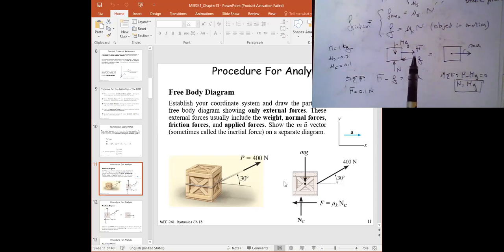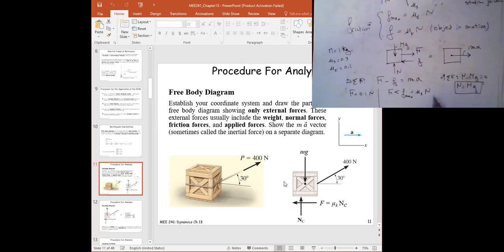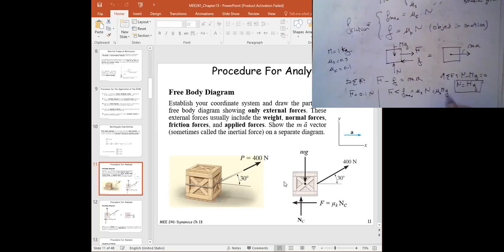No. As long as F is less than the maximum friction, which is equal to mu s times N, the object will not move, right? And N is equal to mg, so the maximum friction is mu s times mg.